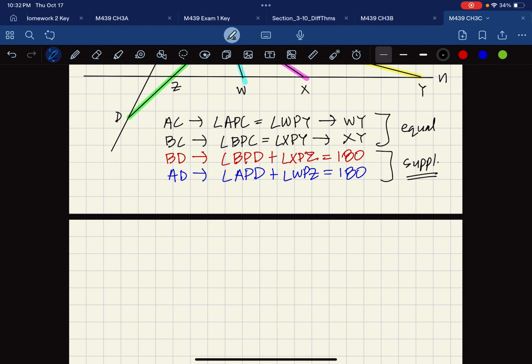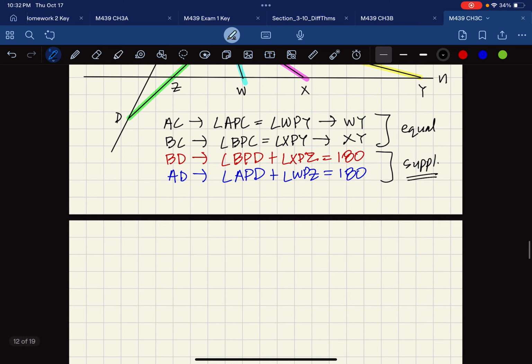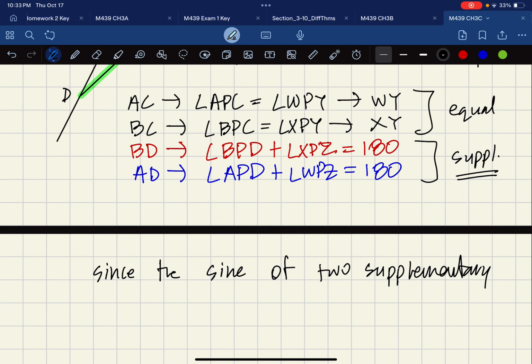It turns out that in all of these cases, the sine of two supplementary angles is always equal.